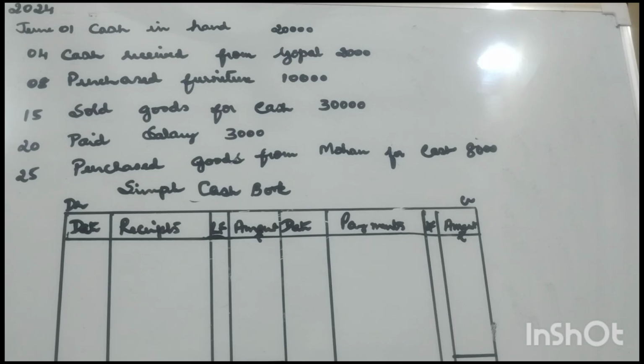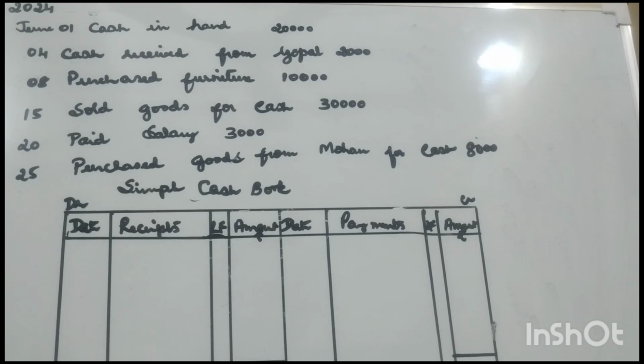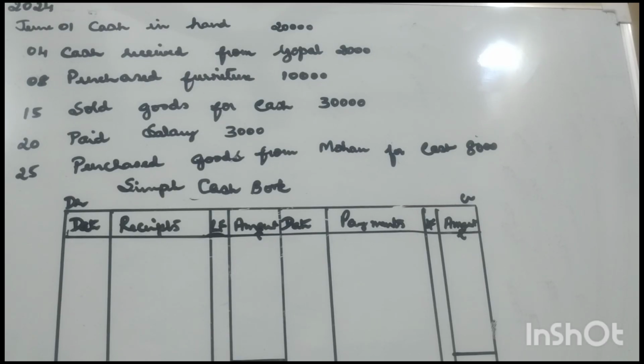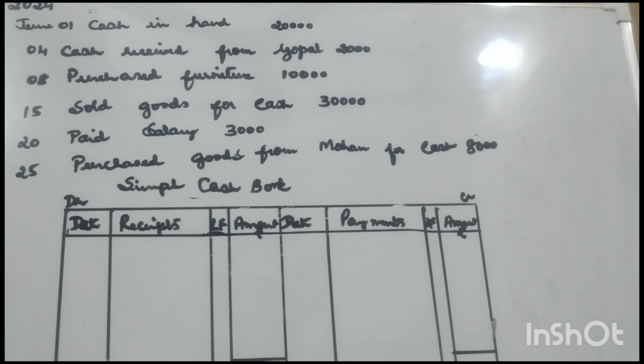Cash transactions can be either cash purchase or cash sales. So these cash transactions are recorded in cash book. Credit transactions are always recorded in purchases book, purchase returns book, sales returns book.